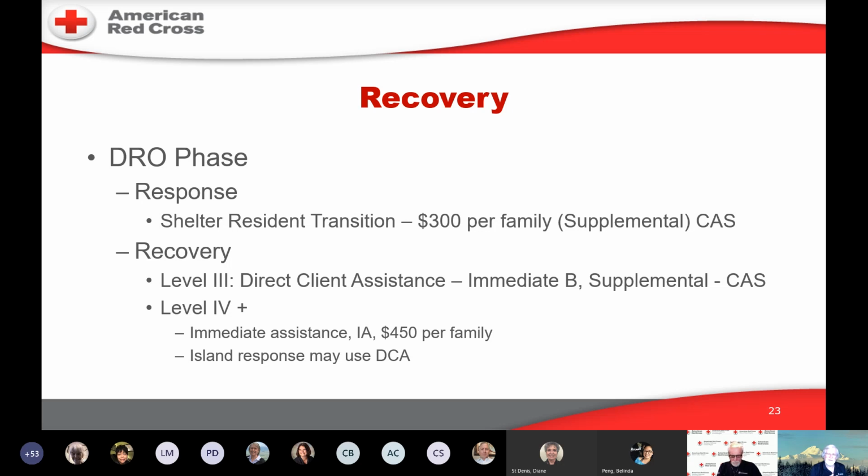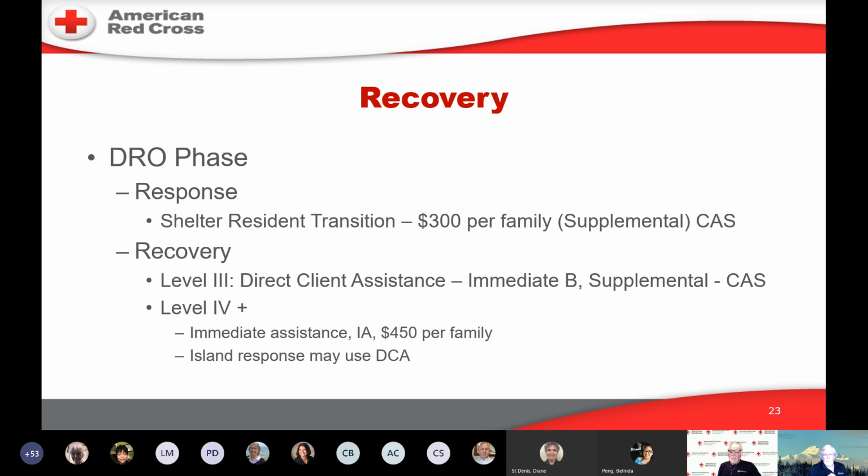It is not CAS. For island responses, for those in Pacific Islands and others, we can look at going towards using DCA, direct client assistance, again, primarily because of change in time zones, expense of communications, and the geography involved in the situation.